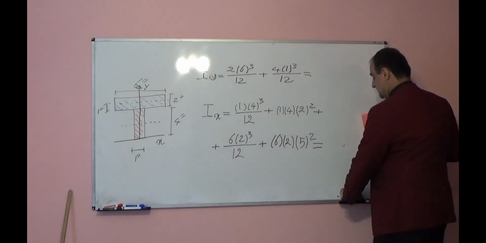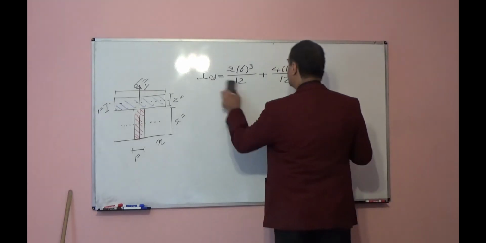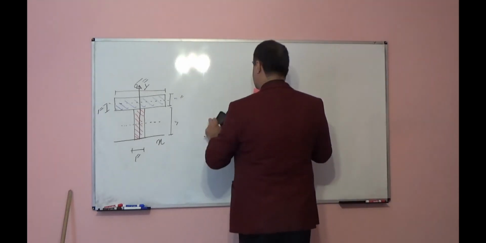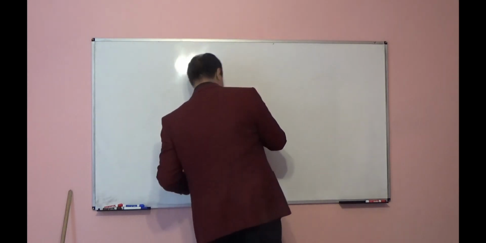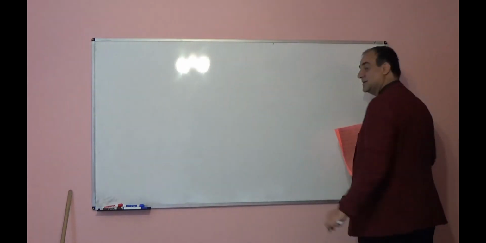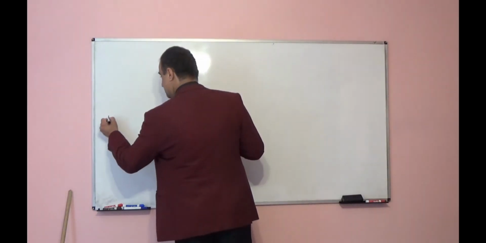So now you know, if we put material far from the bending axis, the resistance against bending will increase because the moment of inertia will increase. I can write that here.